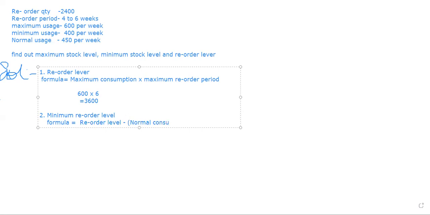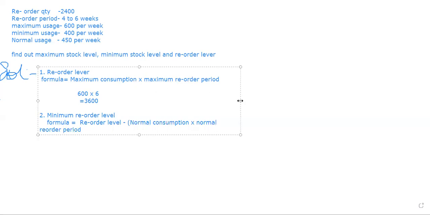In the above for the reorder level, we multiplied the maximum consumption with the maximum reorder period. Now we'll go with normal consumption multiplied by normal reorder period.